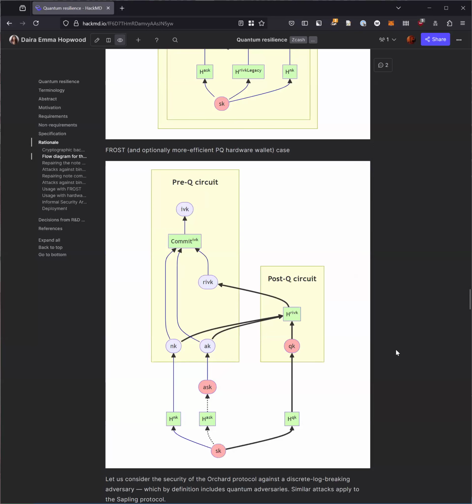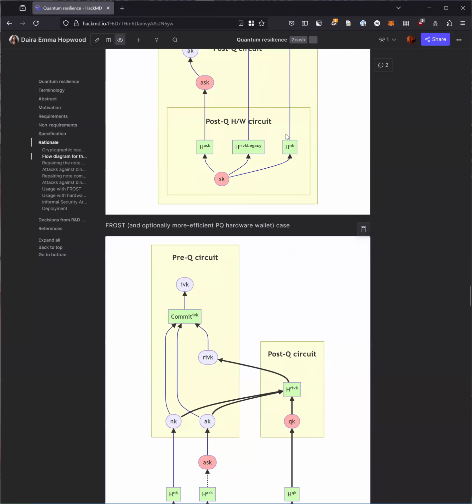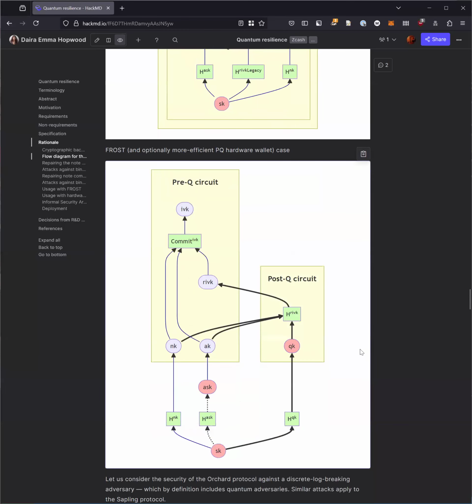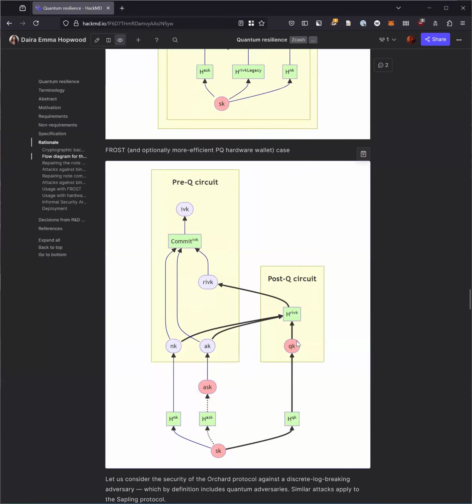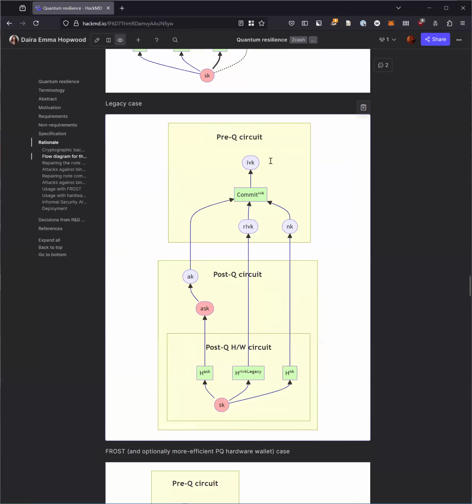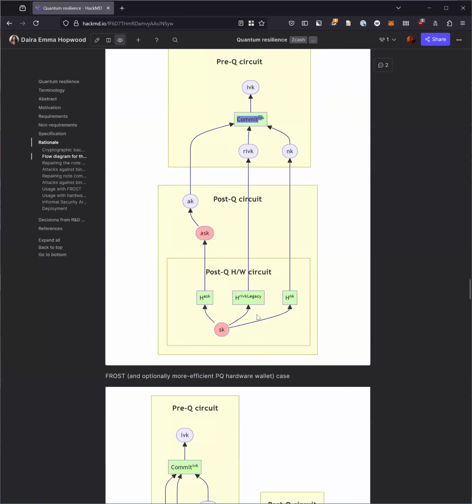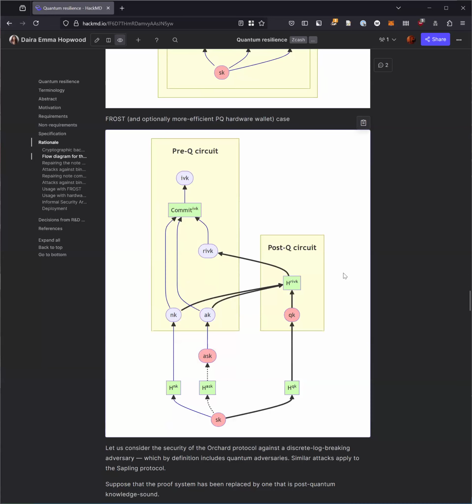And of course, the nice thing about the stuff that Sean's been looking at for scalability is you could support both of these at the same time, because these could just be different potential leaves in the PCD tree. So you could have support for either proving the full legacy mechanism, or this mechanism, because either way you end up placing a hash constraint on the relationship between all of the inputs to commit IVK, and that's the core property that we're relying on here: that the inputs to the quantum unsound commit function are bound via a quantum sound relationship.